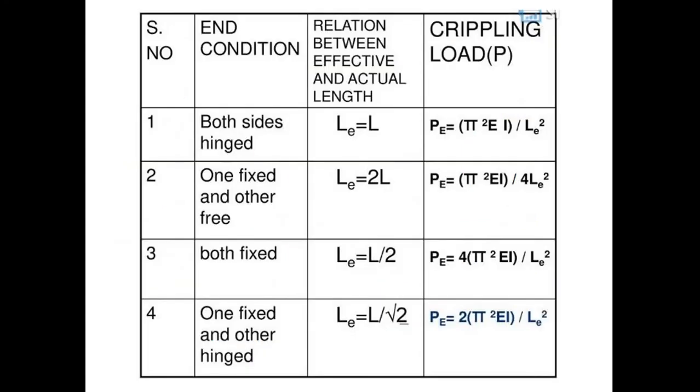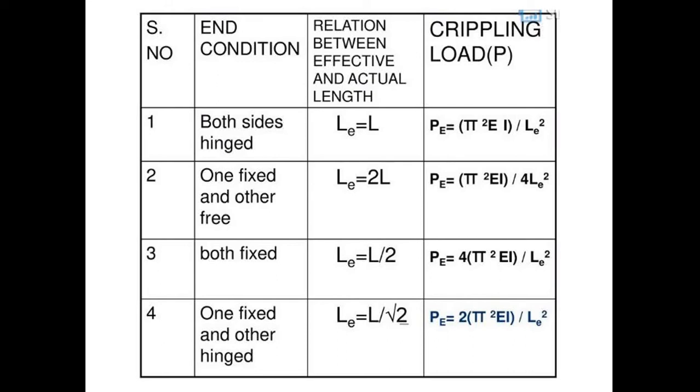Now this table is very important. From the exam point of view, you can expect one sure question from this area for finding out the crippling load. So we have the formula in order to find out the crippling load PE.